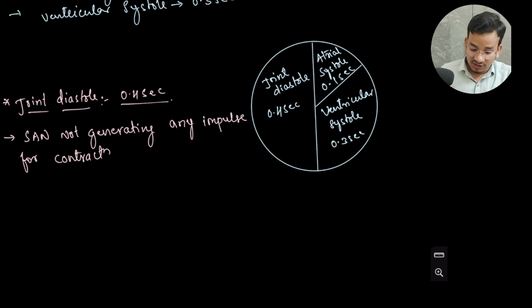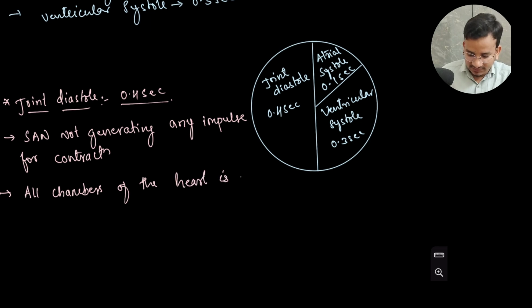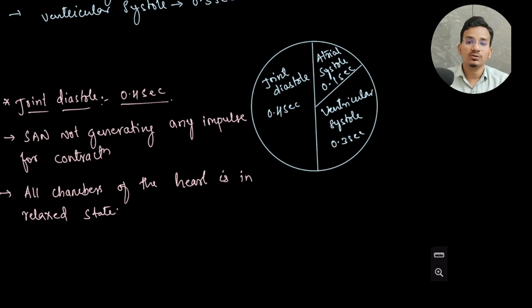Joint means all chambers, so it is known as complete cardiac diastole or joint diastole. All four chambers of the heart are in a relaxed state.